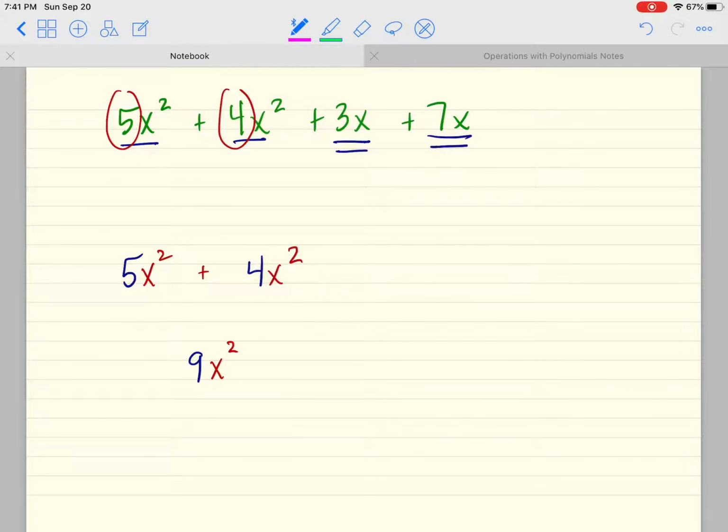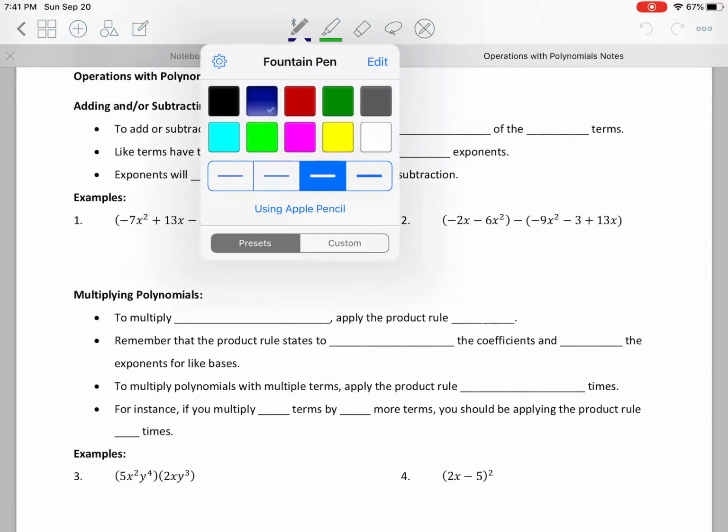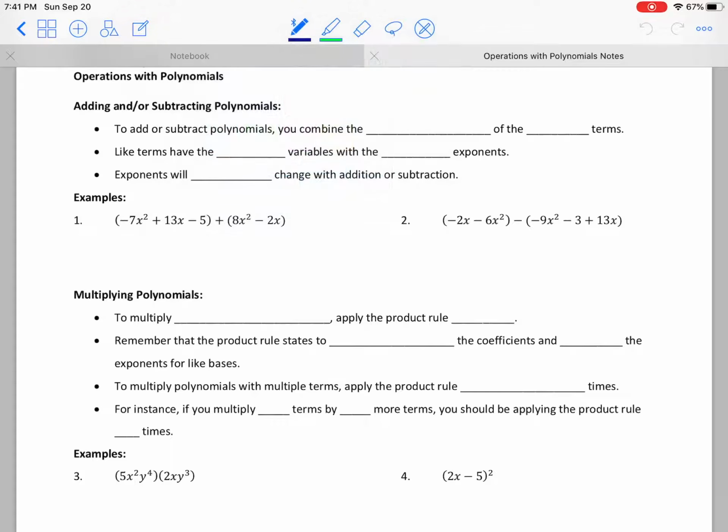Okay? So similarly on this side, if I just had a 3 and I said, well, let's add the 7, then we would have 10. So then if I have 3 x's and I want to add 7 x's, then what I have is 10 x's.